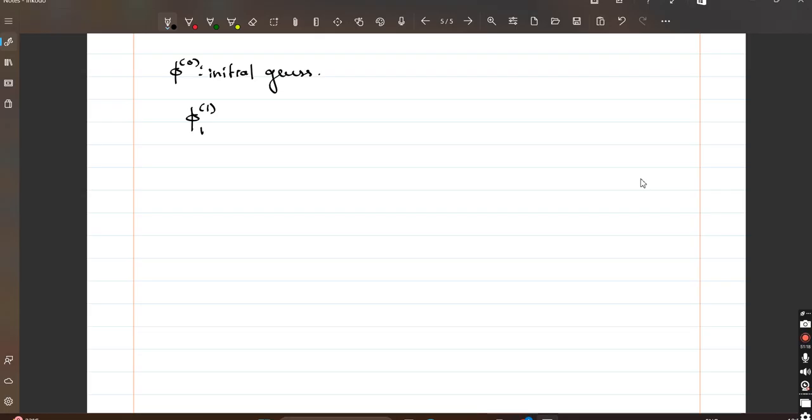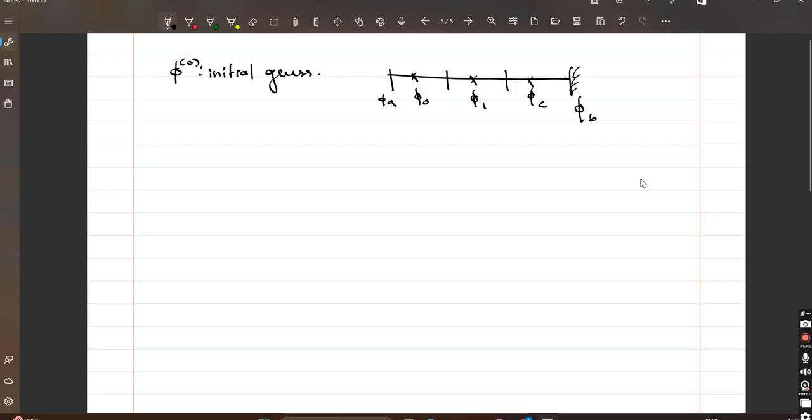after the first step we get this phi 1 value. Let me just draw the domain here. Say we have a domain: this is phi a, phi 0, phi 1, phi 2, and this is phi b.